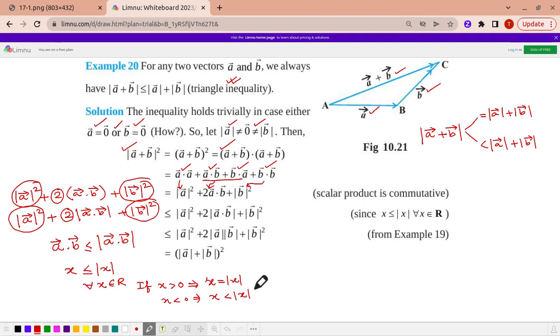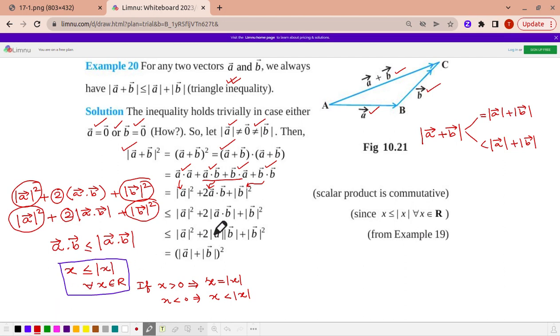Suppose x is equal to minus 5, less than 0. Minus 5 is less than mod of minus 5, which is 5. Minus 5 is always less than 5. So that is why we write x is less than mod x. Always remember this, very important: x is less than equal to mod x for all x belongs to R. We discussed this last year in class 11 during the discussion of modulus.